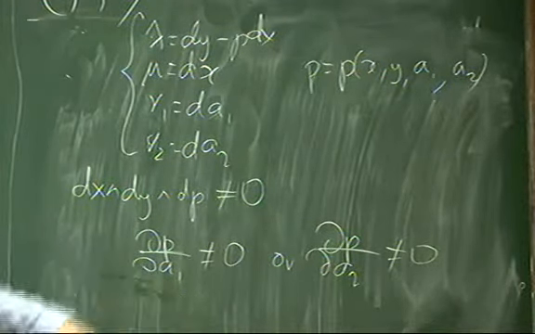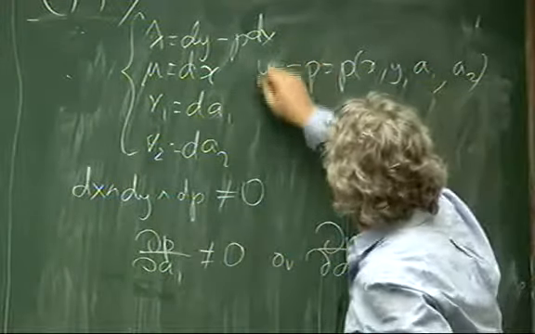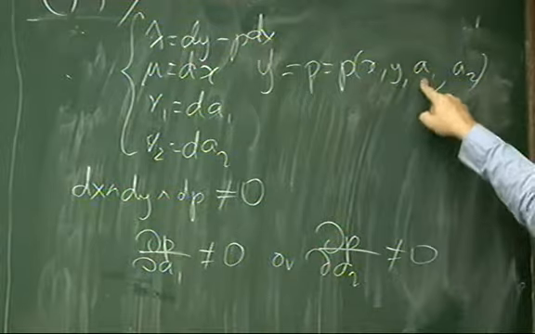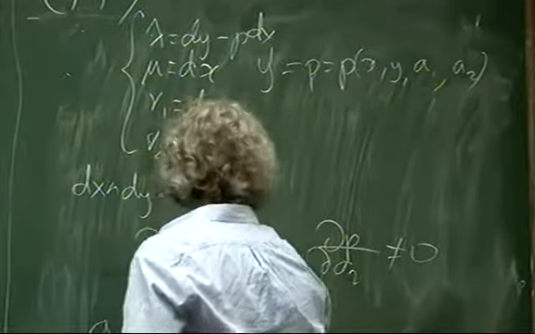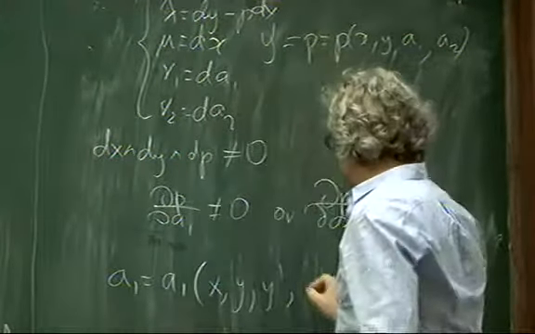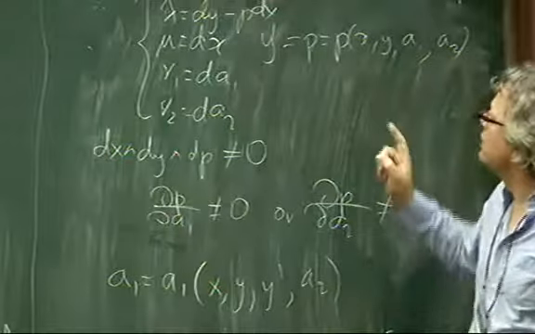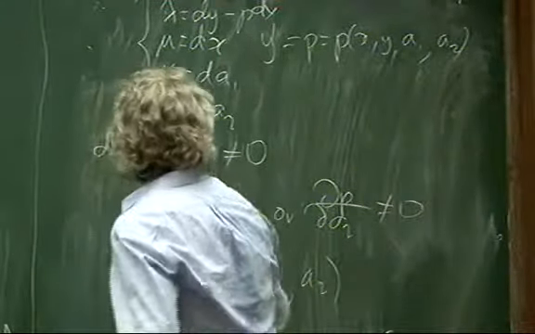So if this condition is satisfied, then I can solve this thing. Let me call this y1. I can solve this for a1, and I get a1 as a function of x, y, y1, and a2. So now my λ after this procedure will be as it was.